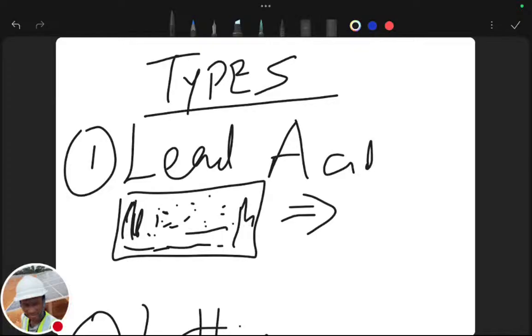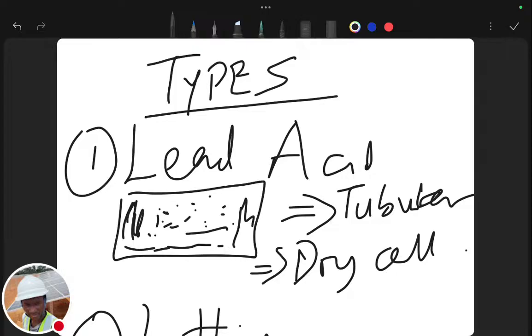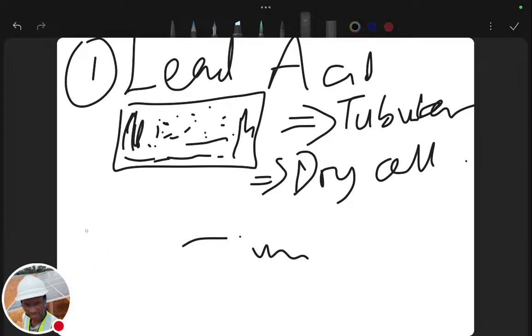We have the flooded, or we usually call it tubular battery, and then we have the dry cell or the gel type, but we usually just call it dry cell battery. Now you need to understand the difference between these two, the tubular and the dry cell.